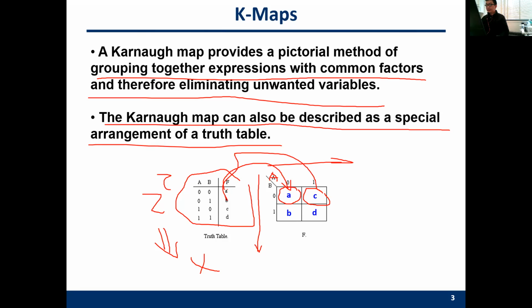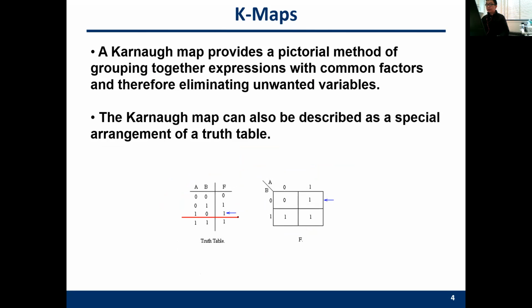I'm sorry, this one should be here. This one should go here. This one should go to here. In this way, you can complete the K-map. So the 2 variable truth table is not exactly the same, but it's equivalent to the K-map here.